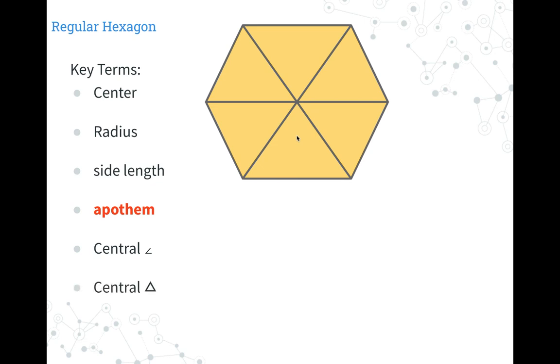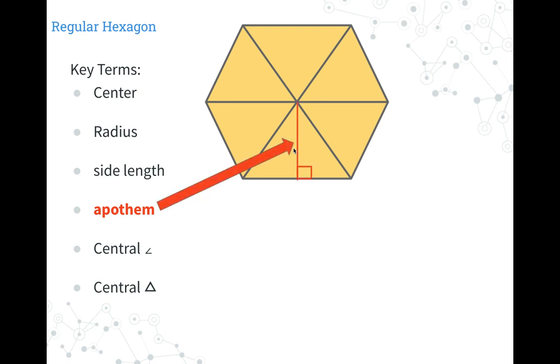The central triangle is this triangle right here. It's formed by 2 radii. Okay, so it has a central angle at this vertex. Okay, and how many central triangles do you see in this diagram? You see 1, 2, 3, 4, 5, 6. 6 congruent triangles. Those are all central triangles.